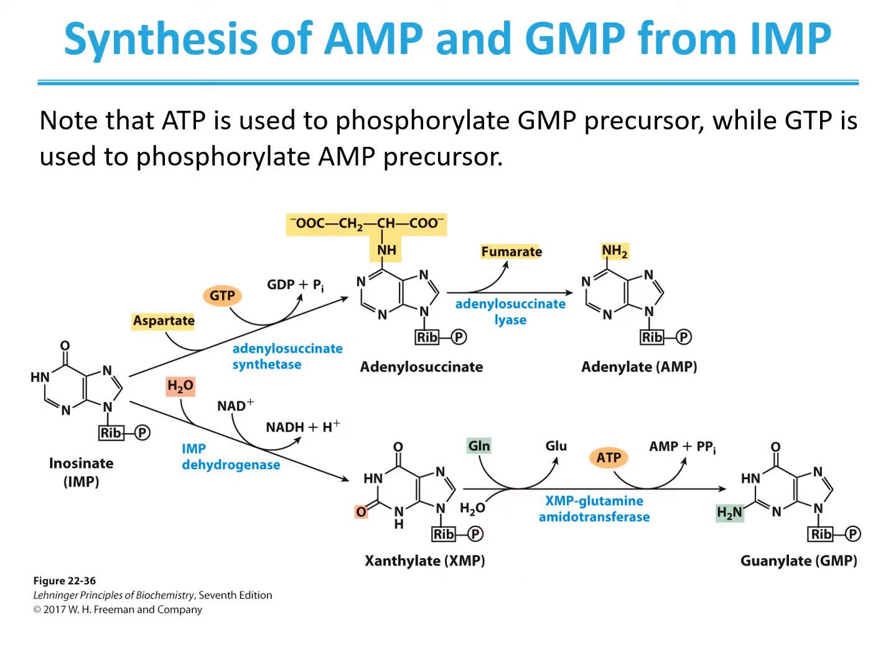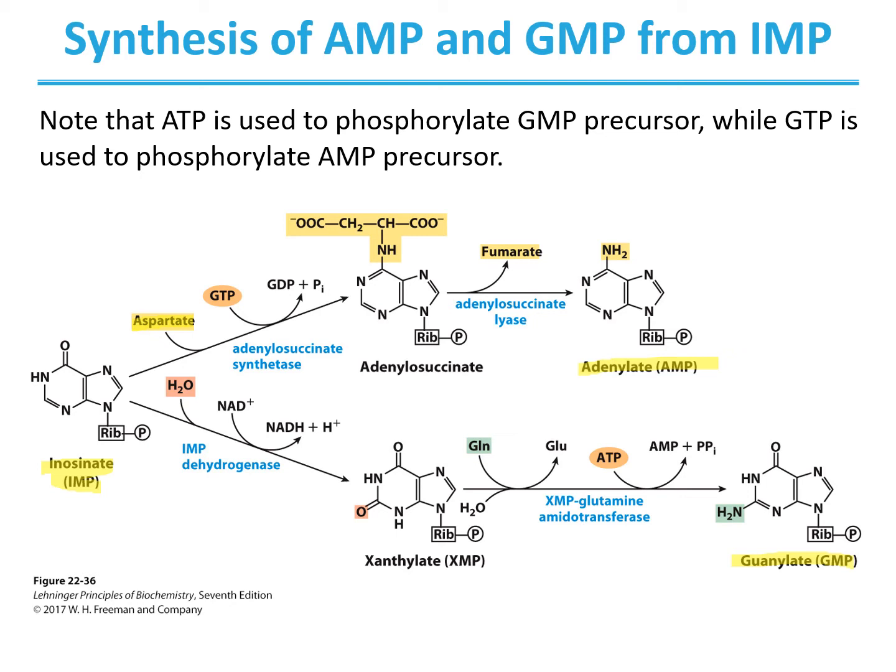So here we have the final couple of steps to generate the AMP or the GMP molecule from the parent purine nucleotide, which is inosinate or IMP. If we have to synthesize the AMP, in the first step we will have to add up aspartate to it. Energy will be provided by the GTP molecule.